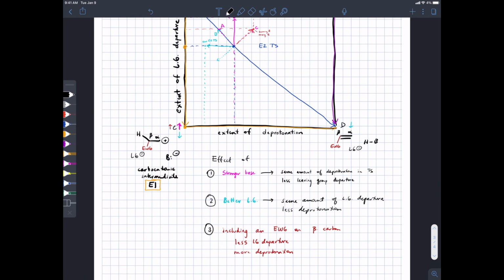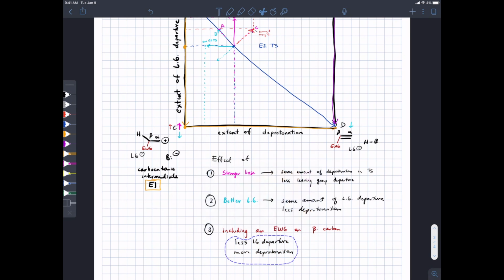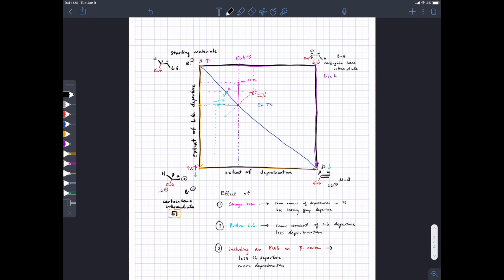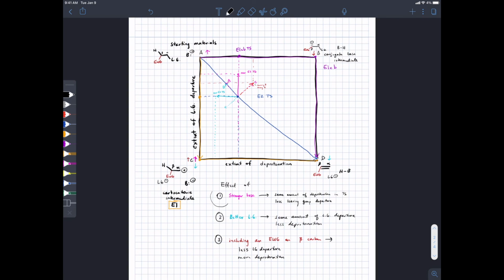So of all the things we've talked about, biasing a reaction towards an E1CB mechanism appears to be most effectively done by introducing an electron withdrawing group on that beta carbon, or by using a stronger base.